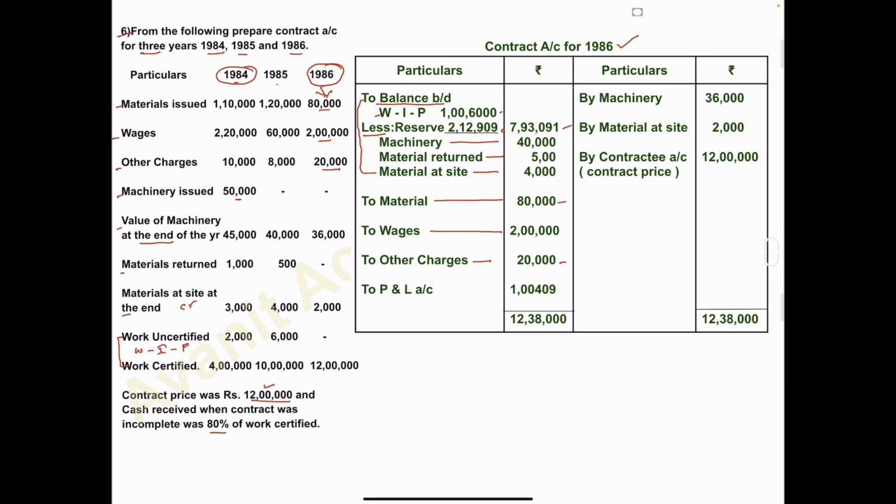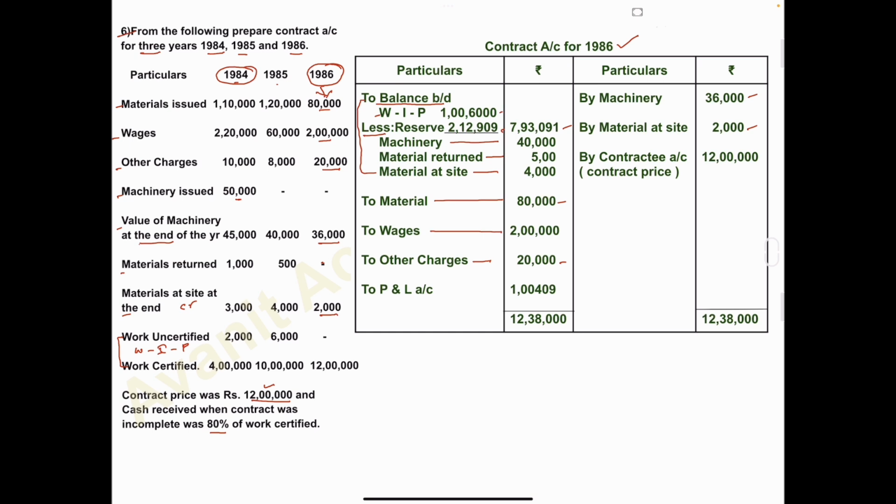Machinery issued nil. Value of machinery at the end of the year. At the end of the year, in 1986, the value of machinery is 36,000. Right, credit side. By machinery 36,000. Material return nil. Material at site at the end 2,000. By material at site 2,000.